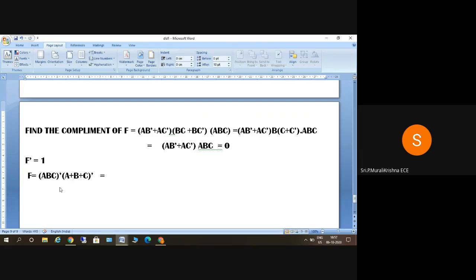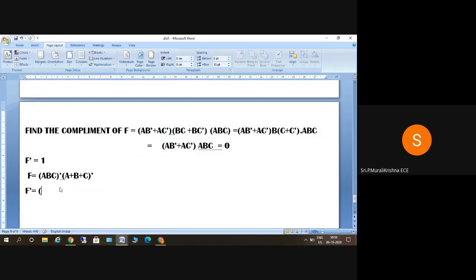Find the complement of this. Instead of using the dual, I'll be using De Morgan's law. Whatever is convenient, you can go for that, but get the simplified value.